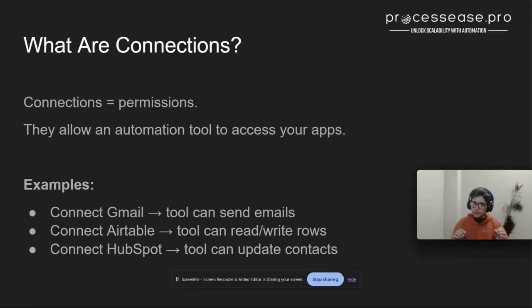When you allow the permissions, creating a connection, you are saying, yes, you can make changes to this system on my behalf. So if you are connecting HubSpot to make.com, essentially make.com is establishing a connection with HubSpot, requesting permissions to make changes or request data from HubSpot. When you are creating an automation, you have to connect Gmail or the Google Sheet or Airtable. That's the connection.